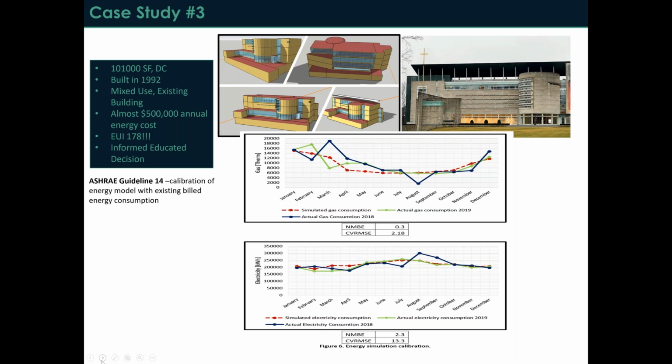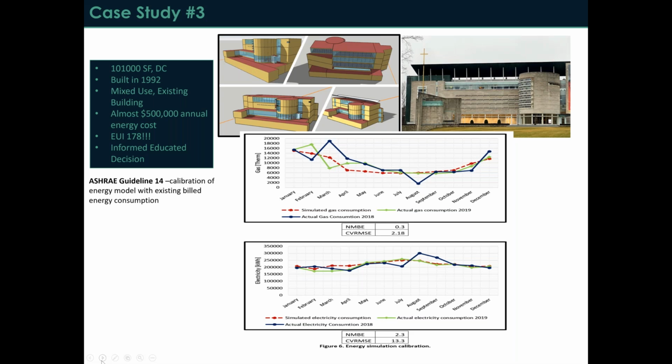The reason that we did the energy modeling was an informed, educated decision for owners, and it was existing. So the first thing that I want to show you is that it has $500,000 in costs. The owners came to us and said, I have $500,000 every year and I need to do something.